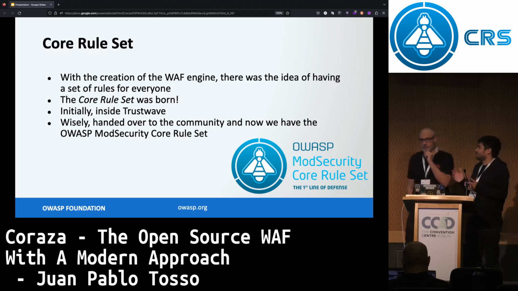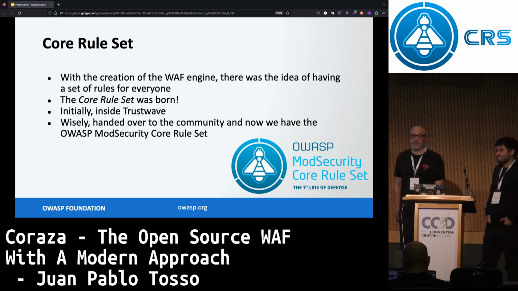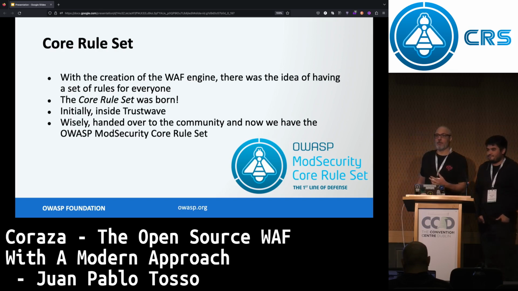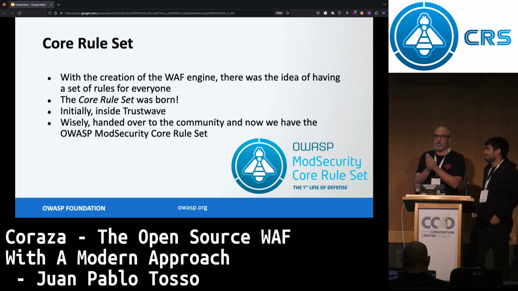So the core rule set. Well, with the creation of a WAF engine, the idea that came from the creator of the WAF engine is, okay, the engine is something that is ubiquitous. It should be everywhere. It's like right now, you don't challenge the idea of, for example, IP tables, right? You have some module, you have a way of expressing rules, but then you're creating your own rules for that.